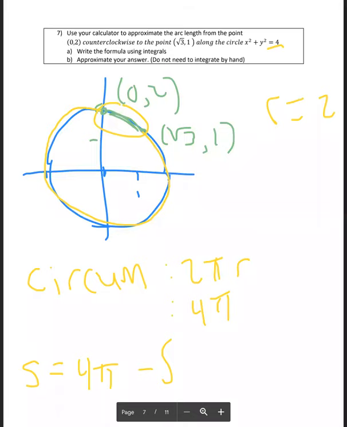I think it was 0 to radical 3, of 2 over radical 4 minus x squared dx. And that's the answer. It's that simple. You just need to think about what you're trying to find.